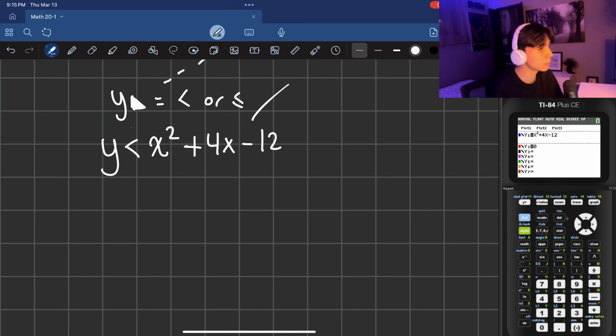You go into your y equals, all the way over on the left with your arrows, hit enter, and adjust until you have this little triangle in the bottom, which signifies less than. Press enter and then hit graph.